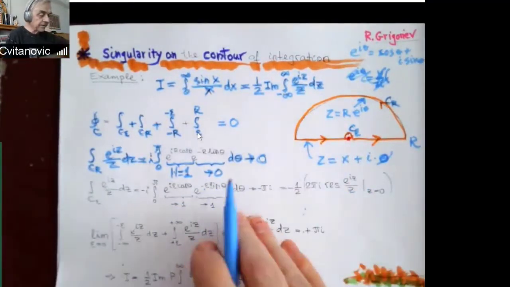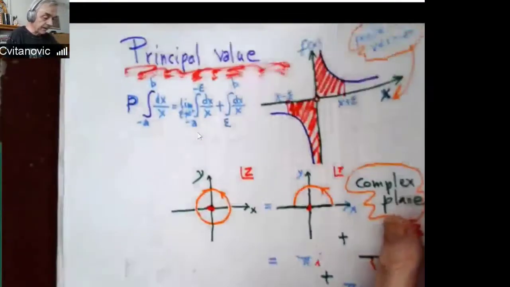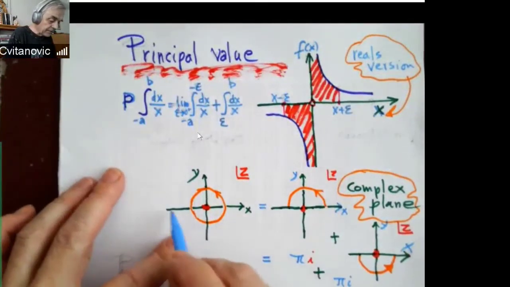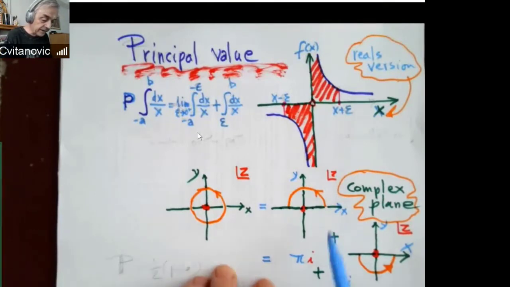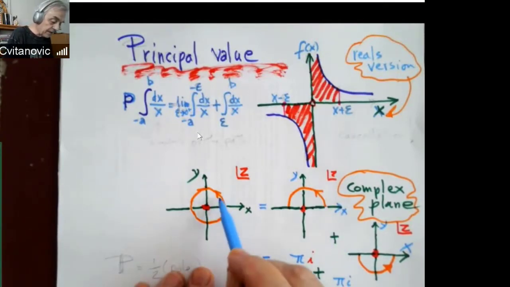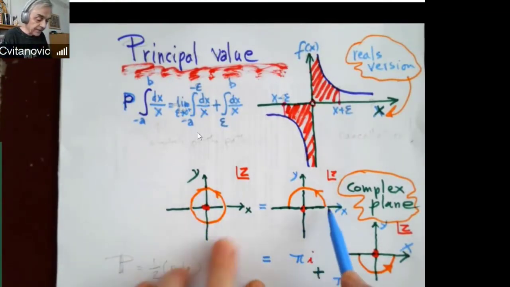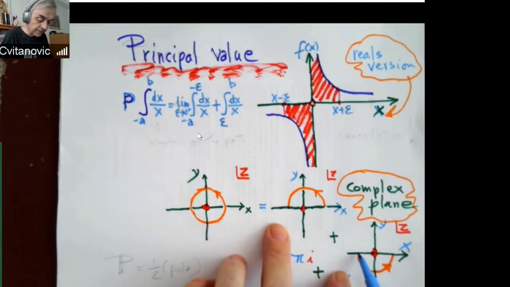Now, what about this little contour? Now we use the trick of understanding what principal values are in a half plane. If I have a circular contour around the pole, I can write it as a sum, because it just has a radius and then it just has angle incrementing around on a circle. I can write it as a sum of the integral from 0 to pi and then from pi to 2 pi.